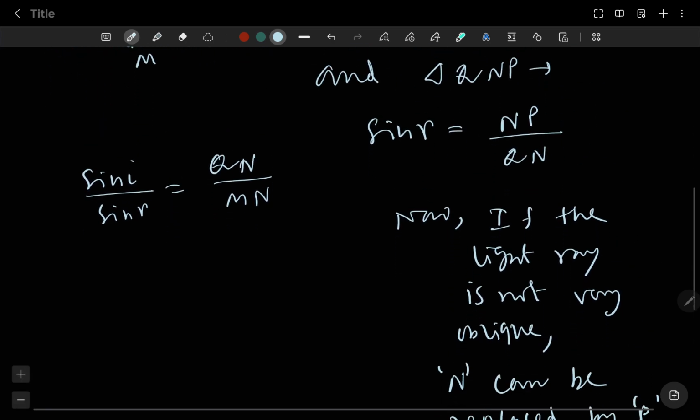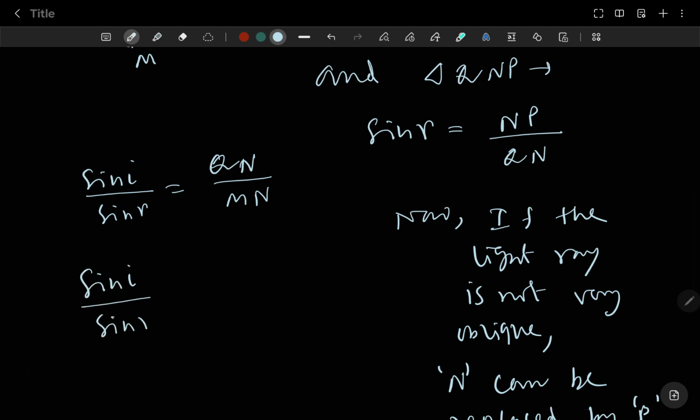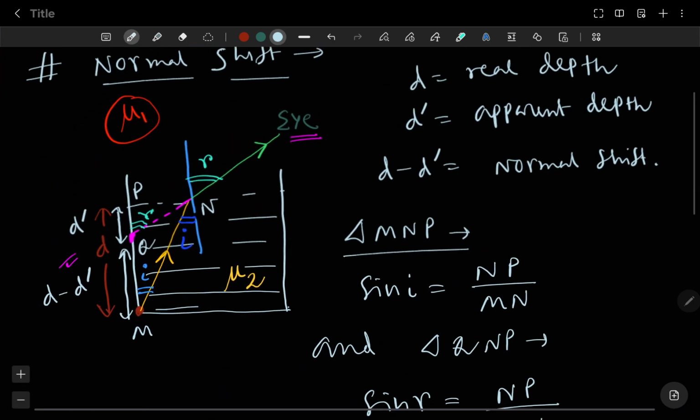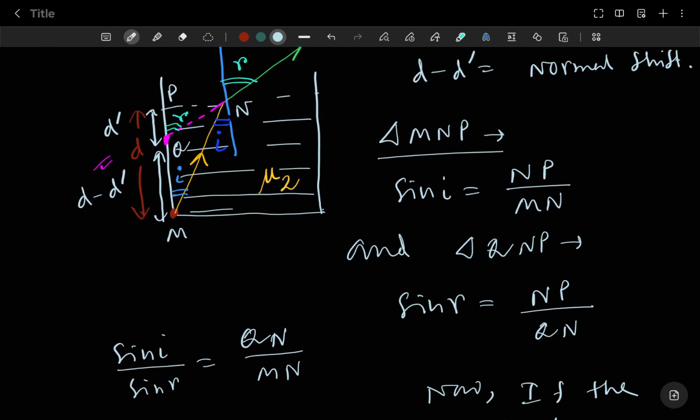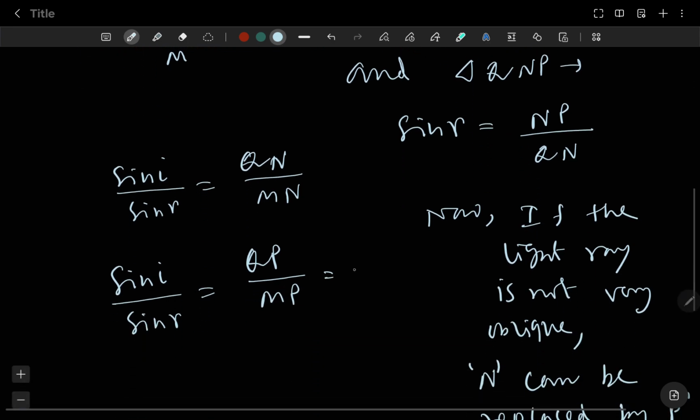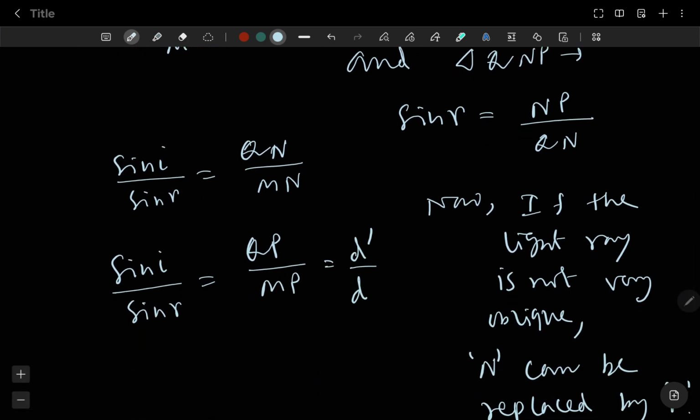So we can write sine I by sine R as QP by MP. Okay, so you see QP is d dashed and MP is d, so it will be d dashed by d.